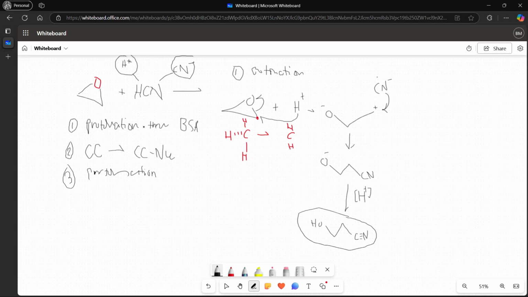Once that frees up, the other part of your nucleophile is going to attack the carbocation, and then there's going to be the formation of another ion, which is then stabilized by your acid workup, which is this one.